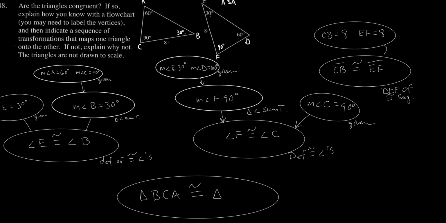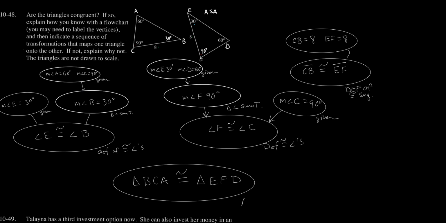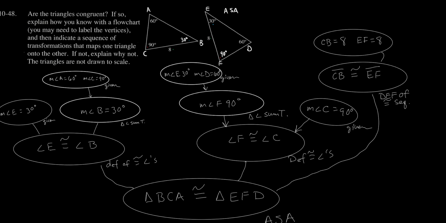So B goes with E, so I'm going to say EFD. And why are these two triangles congruent? Because they meet the angle, side, angle, triangle congruence condition. So you can see that I've got a pair of angles here, another pair of angles here, and I've got the side that connects those angles here. So everything is structured to support this assertion that I'm making.